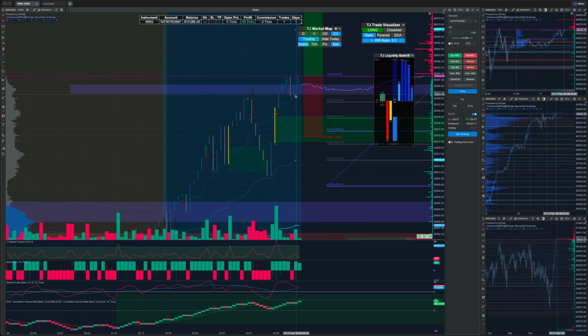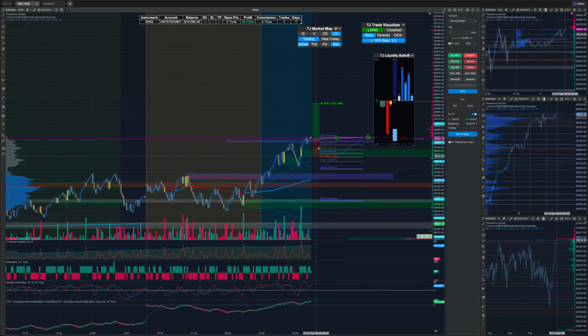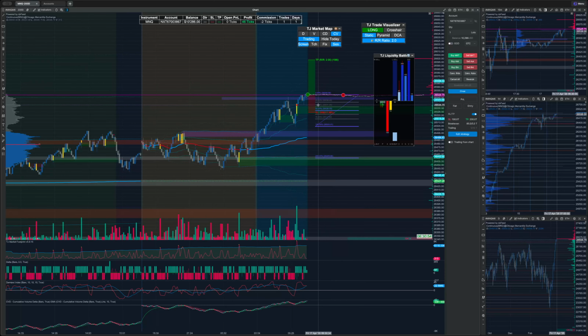But here the market went down to that candle, to this here, and then it went back up. Now, if you look at the volume here, it's not a hell of a lot of volume up there. Downwards and upwards here is a bit more volume. So I'm wondering if that breakout is not a fake breakout.